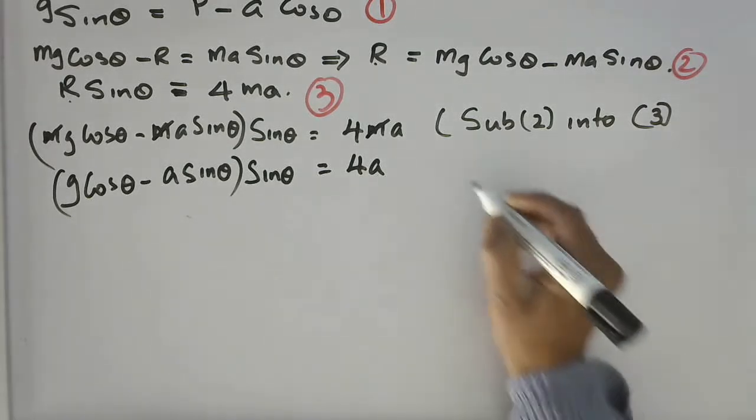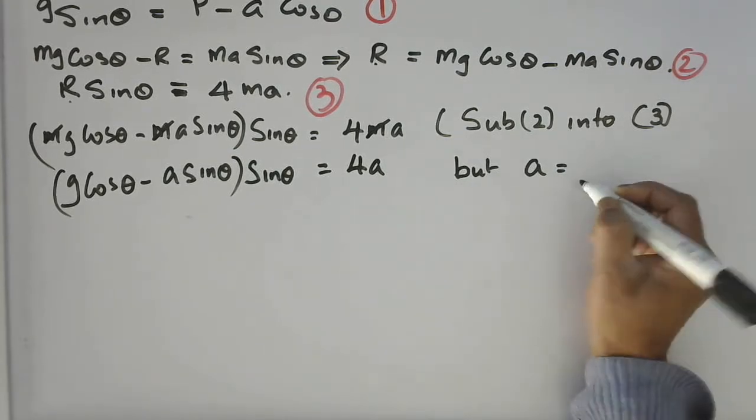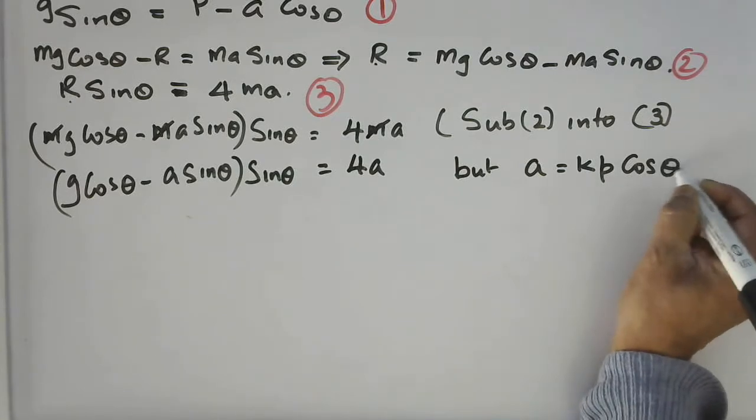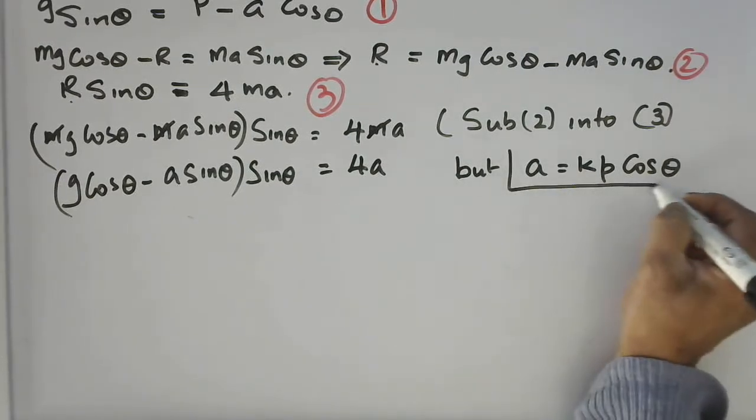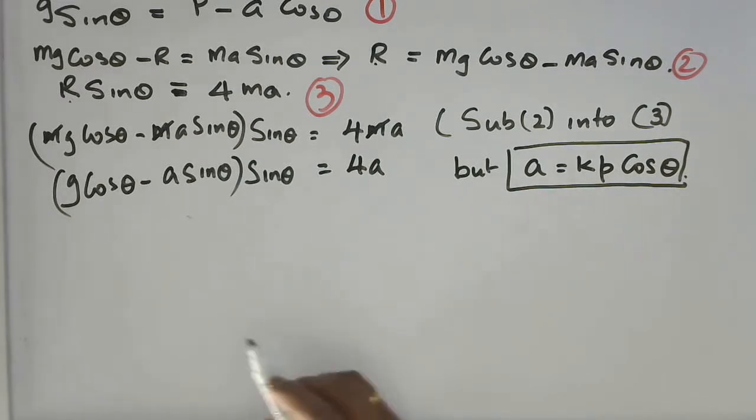But we know a equal to kp cos theta. That's given, so I'm going to put that value back where A is.